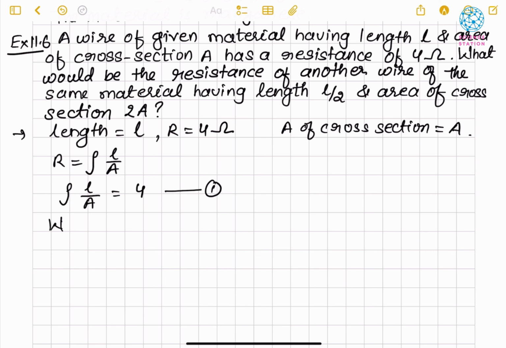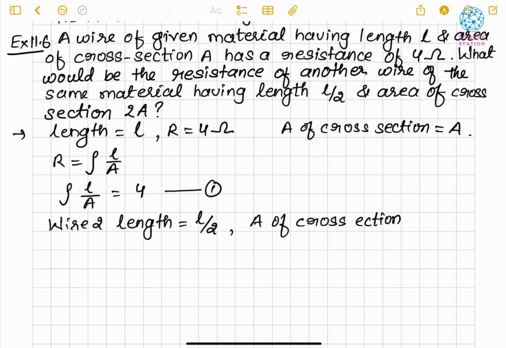Now for wire 2, length is L by 2. Area of cross section is 2A.